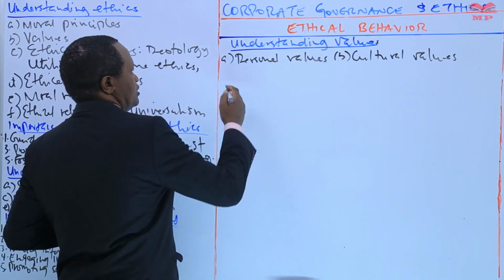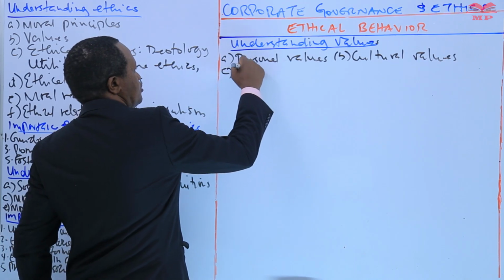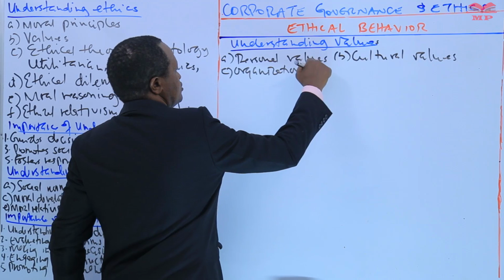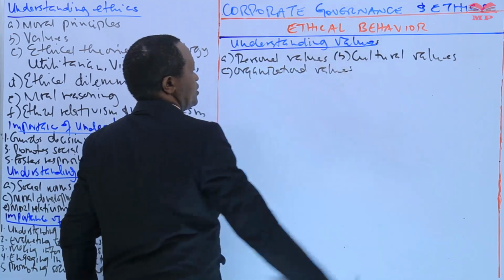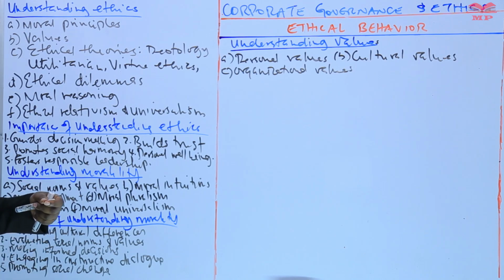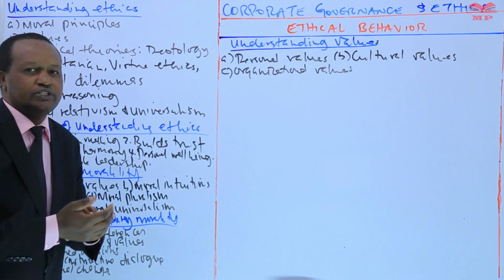Next, organizational values. Organizations often have a set of values that guide their operations and decision making.